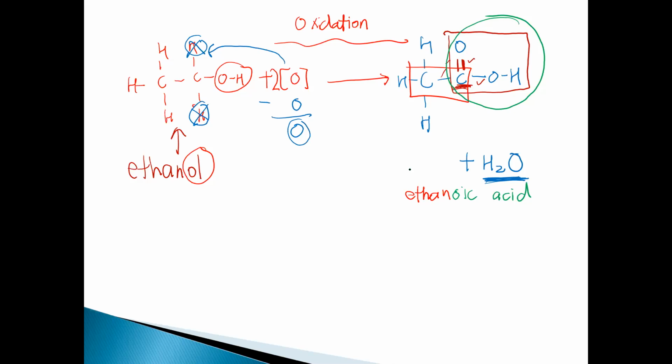So the name of it is called ethanoic acid. As long as you see the OH, you must know the ending is OL. If you see COOH, you must know the ending is OIC acid. Does that make sense to you all?